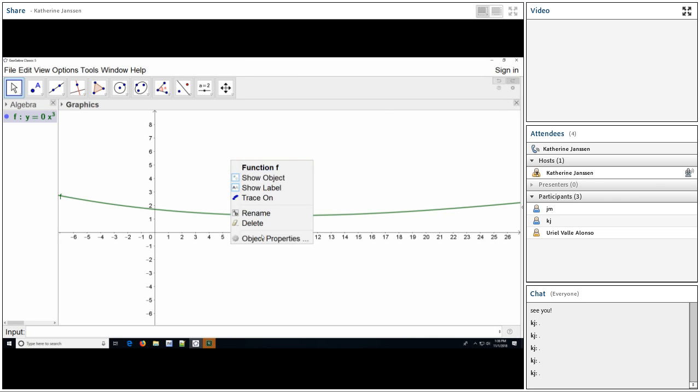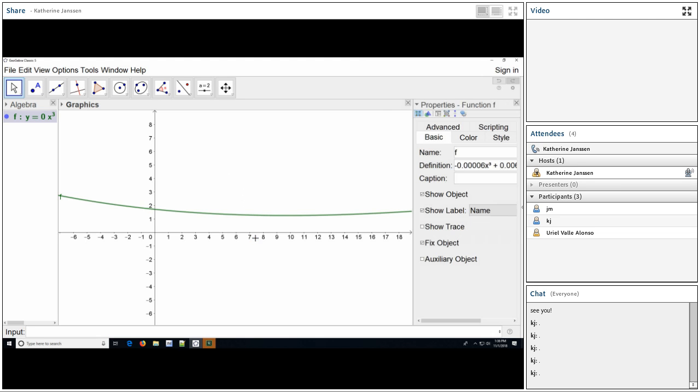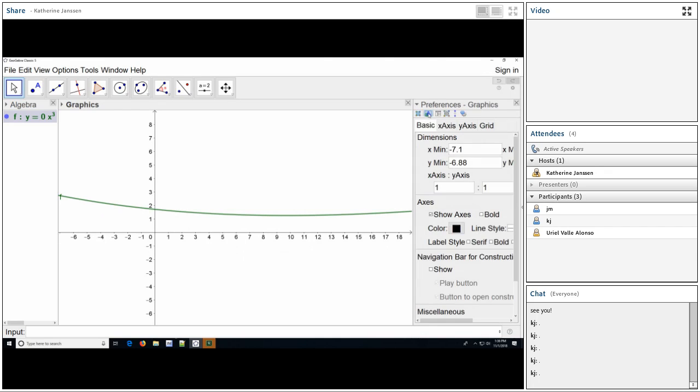So I'm going to do a right click to get the object's properties, setting my x and y min.